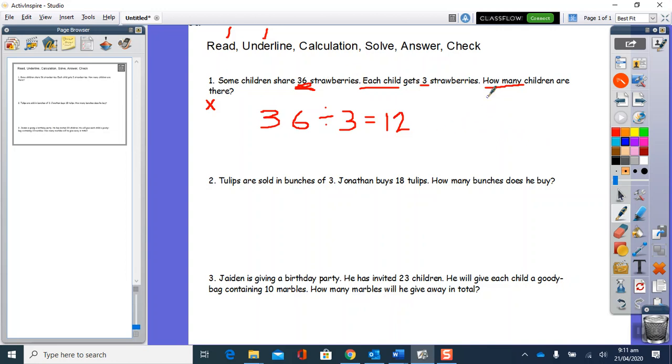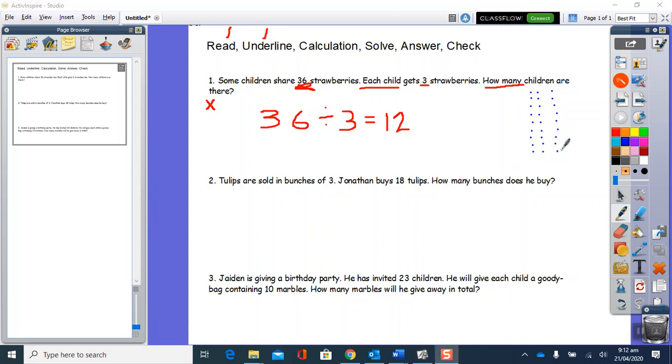So 36 divided by 3. Let's see how many times I can make an array of 3. Should be 12. 1, 2, 3. 1, 2, 3. Let's check. 1, 2, 3, up to 20, 21, 22, 23, 24, 25, 26.